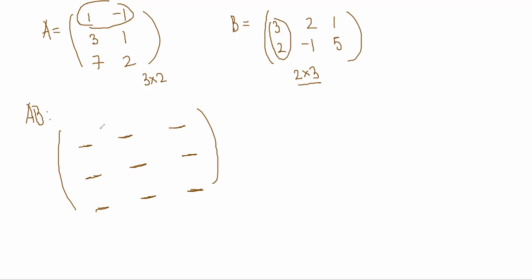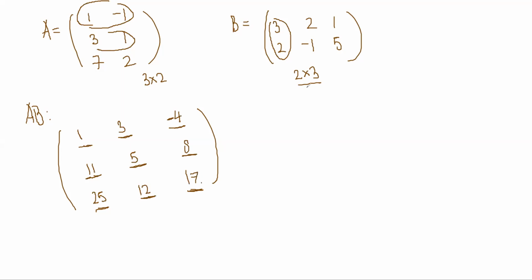Minus 4. And then similarly, you do this and this: 9 plus 2, 11. And you do this: 6 minus 2 minus 1, 5. And you do 3 plus 5, 8. You do 7 into 3, 21 plus 4, 25 here. And you do 14 minus 2, 12 here. And you do 7 plus 10, 17 here, right?